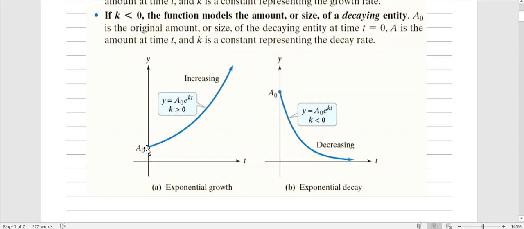Notice that when k is bigger than 0, because it's representing exponential growth, the model is increasing. As you move to the right with your time value, so as time increases, the value or amount increases.